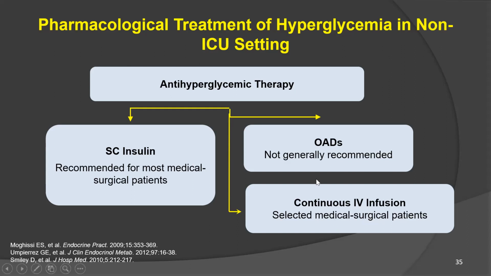But oral anti-diabetic drugs are usually not encouraged in a hospitalized setup. So try to make an insulin regime for such patients so that they can recover quickly and earlier discharge is possible.